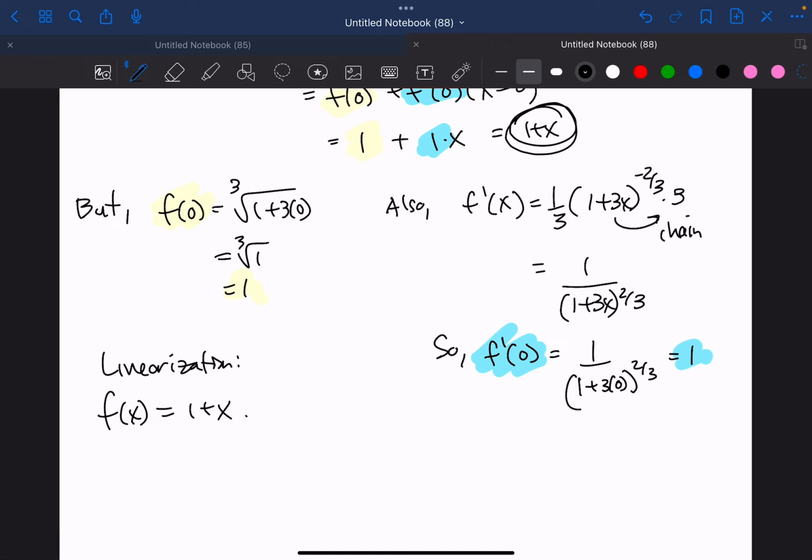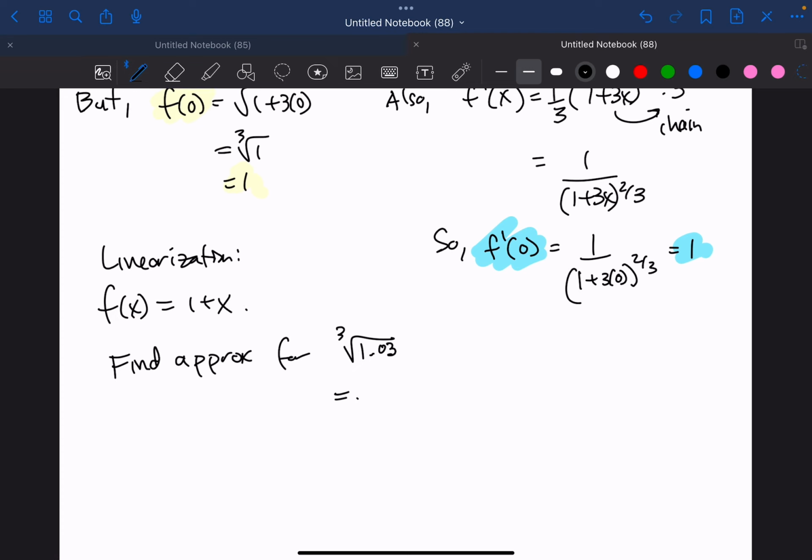And it wants us to use that to figure out what's going on. So find an approximation for the cube root of 1.03. But guess what?